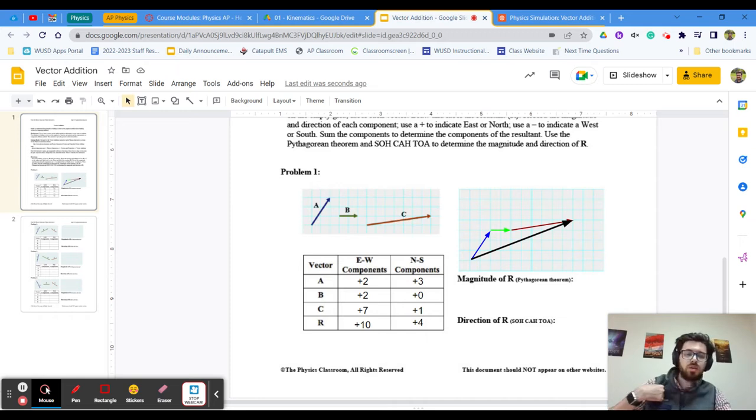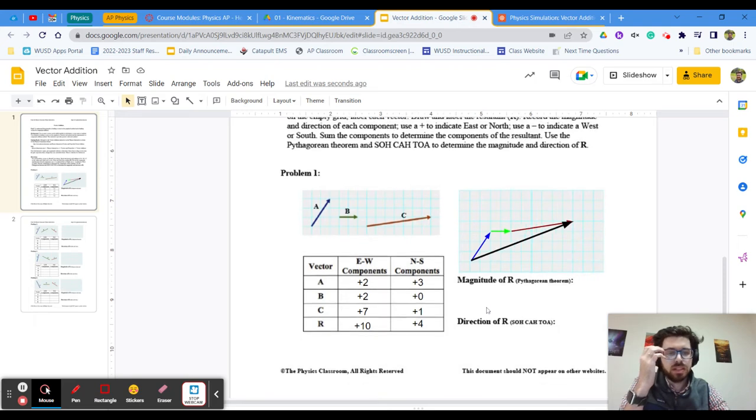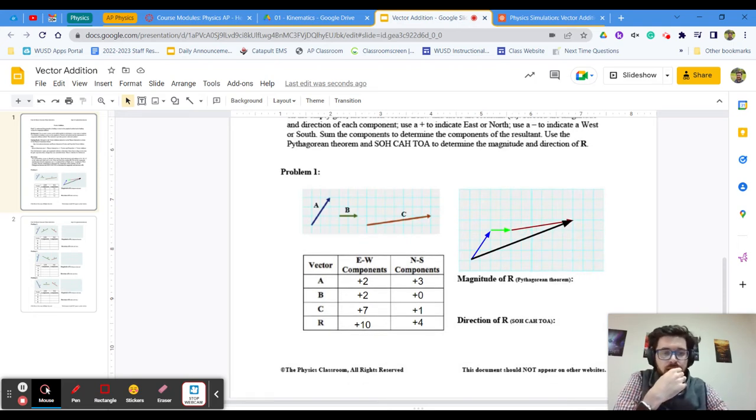All right. So here's what we can go ahead and do now. You'll notice that the next two questions are going to ask you to calculate the magnitude of R. Now, the way that we could do that is you have the east-west component and you have the north-south component, right? So for example, let me go ahead and draw some more of these arrows.